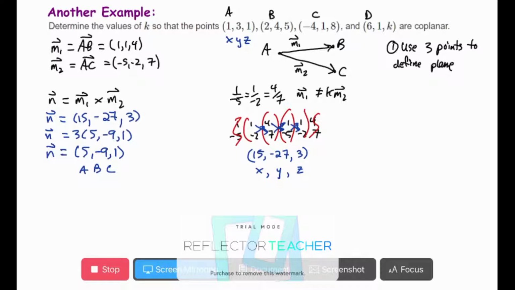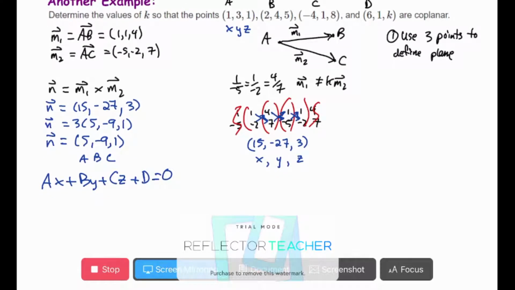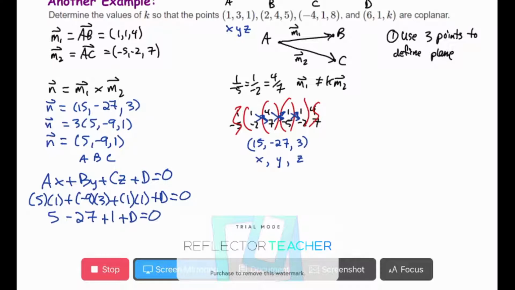Let's plug that into our equation. ax plus by plus cz plus d equals 0. Sub in our values. a is 5, x is 1, b is negative 9, y is 3, c is 1, z is also 1, plus d equals 0. So 5 minus 27 plus 1 plus d equals 0. 6, negative 21.